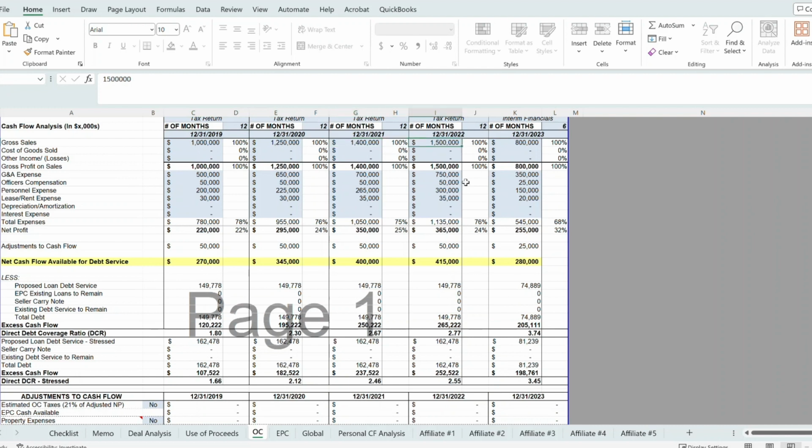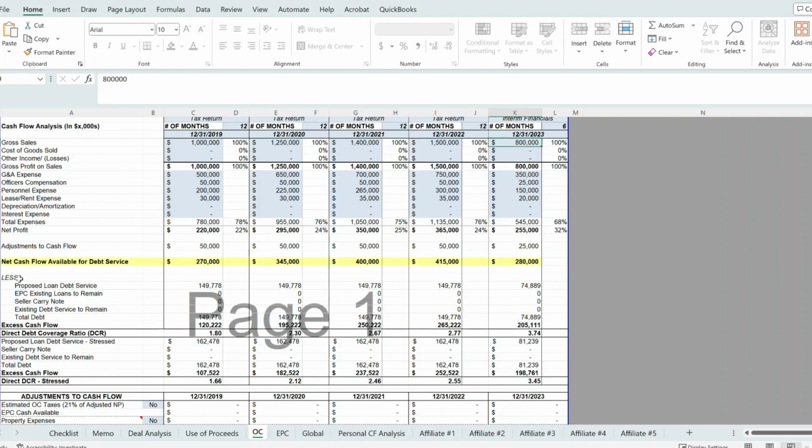Nice trending. I like where this business is going. And for the first 6 months of the year, you're looking at $800,000, so it's on a run rate of about 1.6. So the numbers seem to be going up, flowing nicely. Notice the net profit at 22%. It's trending at 32%. So I like where this business is going.